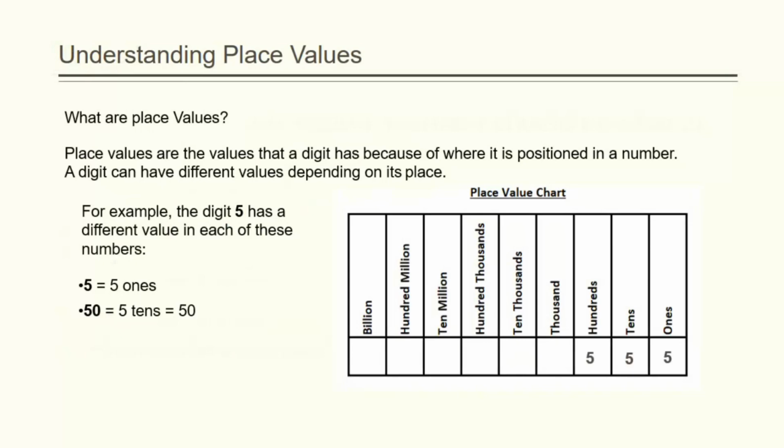If we put it in the hundreds column, we mean 5 hundreds, which gives us 500. If we put it in the thousands column, we mean 5 thousands, which gives us 5,000.